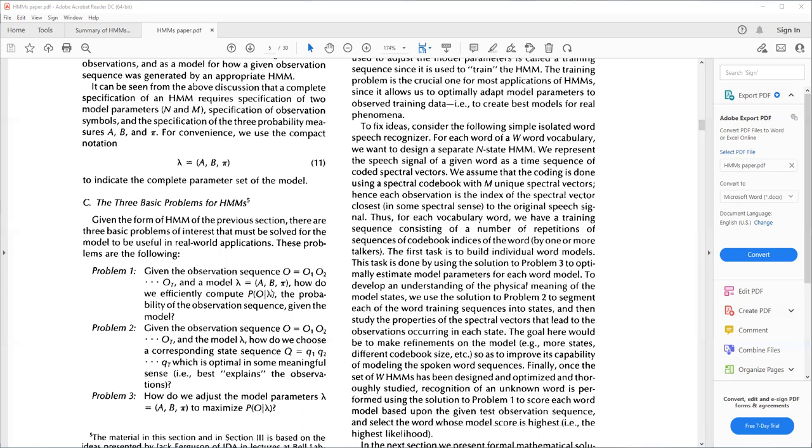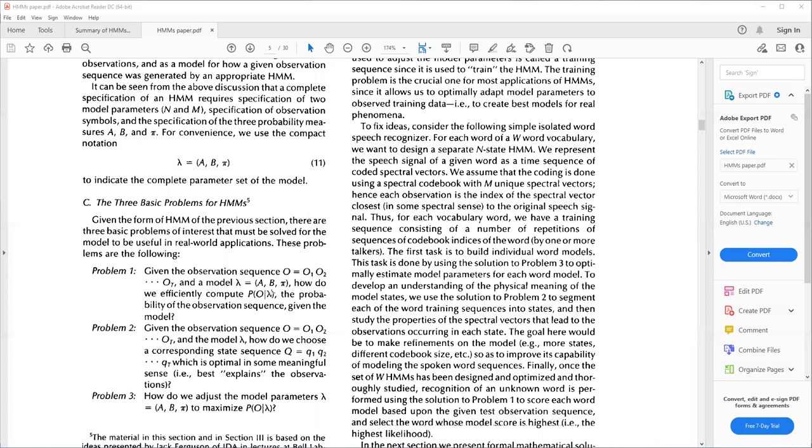So if I give you two different models or three different models, and I tell you this is the data observed, can you tell me which model was used to generate this data? What you'll have to do is find the probability of O given the first model, given the second model, or given the third model.